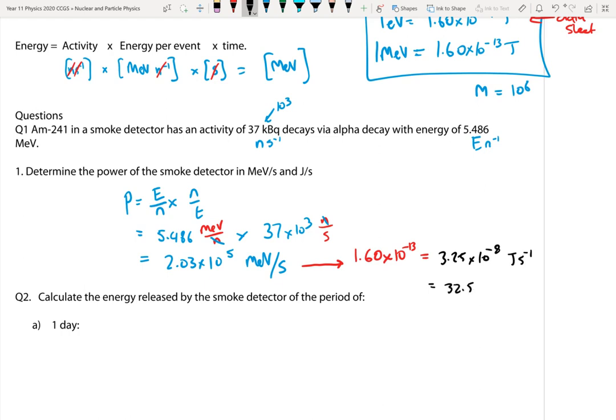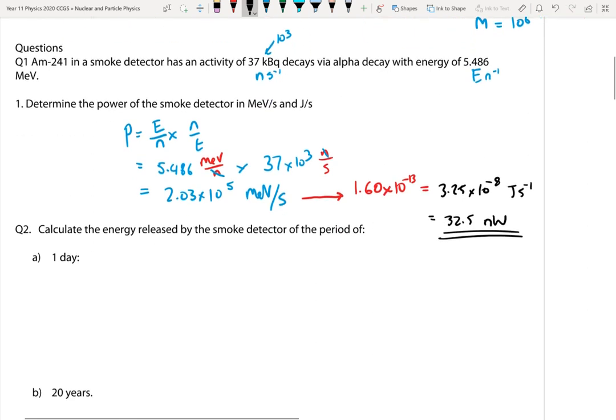That's 32.5 nanowatts. We don't ever really use the metric prefix of nano, so you pulled an engineer. I was going to go 0.032 microwatts, which would also be engineering notation.